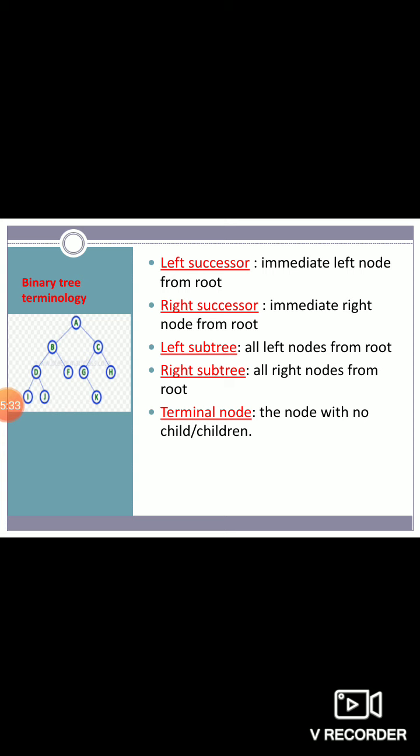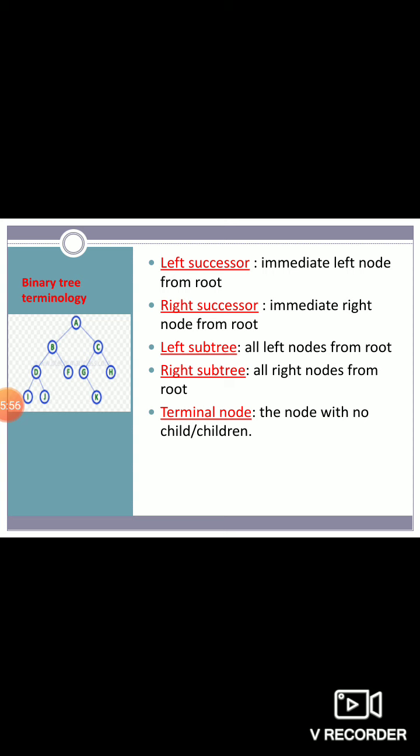The node with no children, which is not divided further, the node with no successor, is called a terminal node. So here I, J, F, K, H are all terminal nodes.